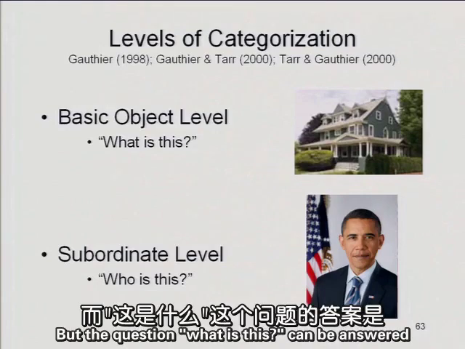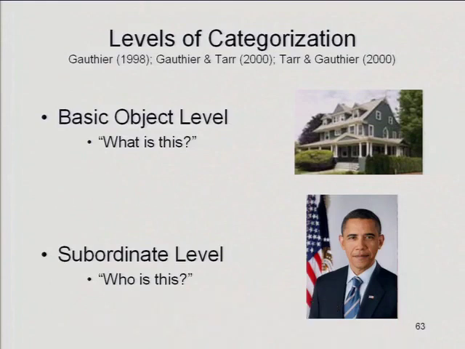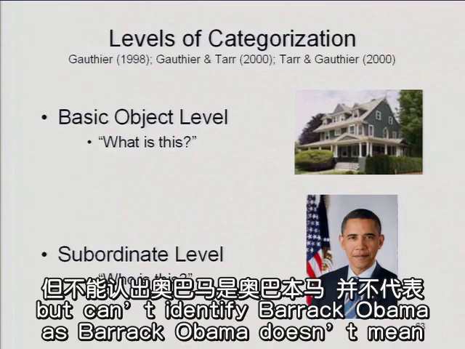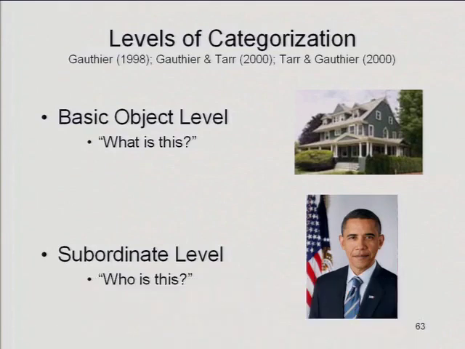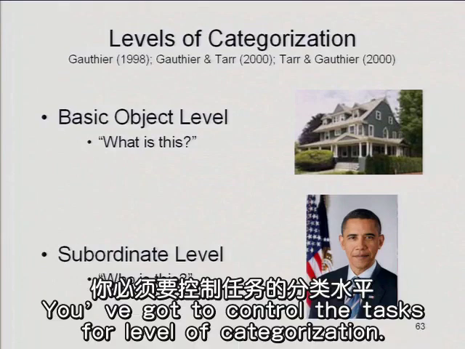But the question, what is this, can be answered at what's known as the basic level of categorization, which is to say, it's a house. Just because the person can identify a house as a house, but can't identify Barack Obama as Barack Obama, doesn't mean that the person has a specific deficit in recognizing faces. You've got to control the tasks for level of categorization.